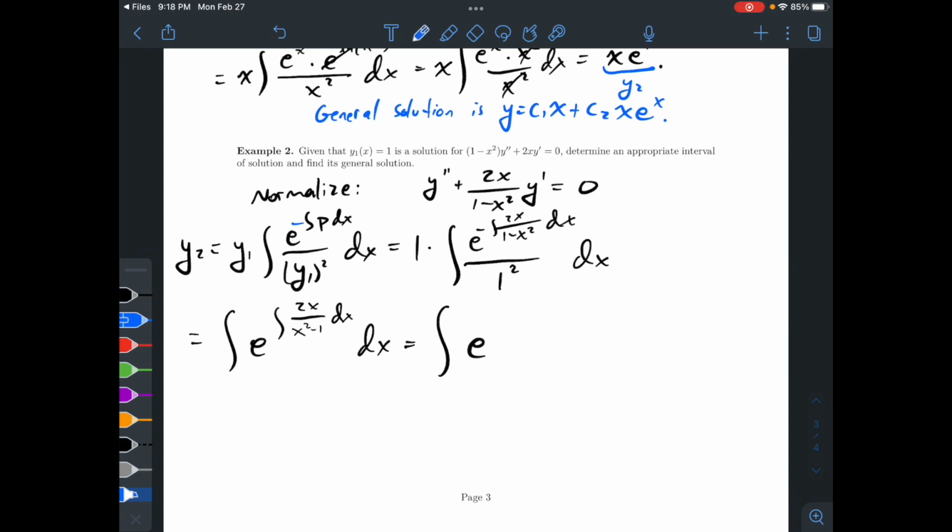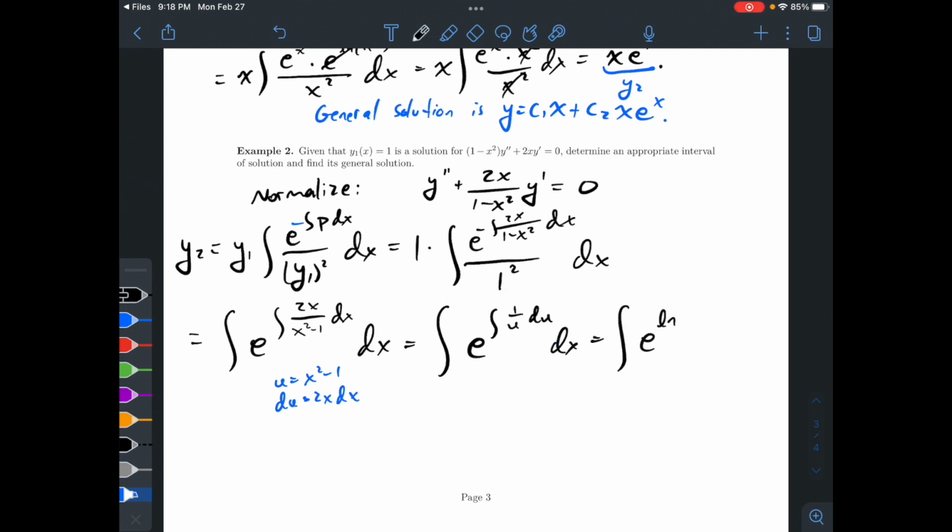Here you could do a u sub. You could do u is equal to x squared minus 1, du is equal to 2x dx. And so this would just become e to the integral of 1 over u du. And then integrate whatever that result is with respect to x.